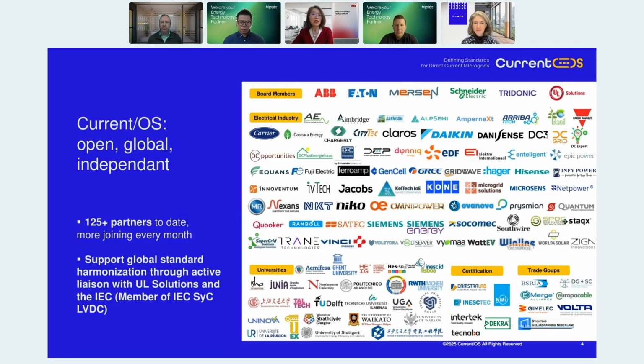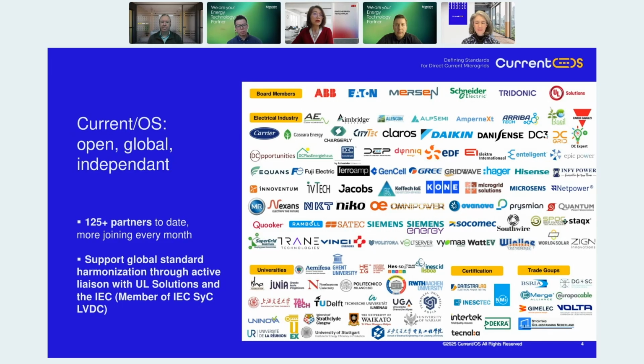APAC is a very dynamic region for direct current. We have a lot of industrial innovators and also policy momentum in this field, and many active partners already contributing to the deployment and the standardization. For example, you can see here in China, we have Gree, Hisense, and others as industrial players, and also very well-known universities such as Xi'an Jiaotong University, Shanghai Jiaotong University, and Nanjing Aerospace University.